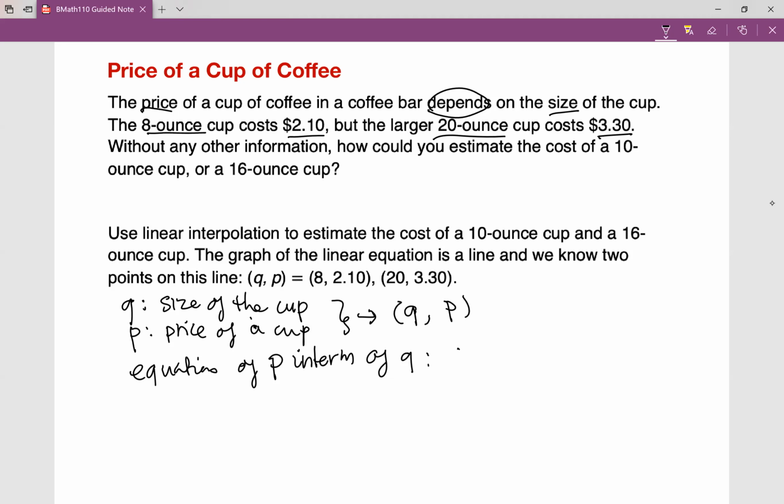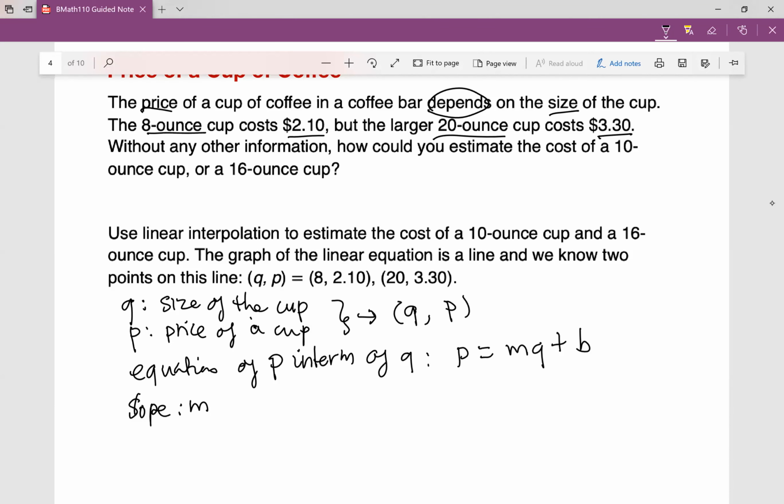So that's gonna look like P equal to MQ plus B. All right. And we need to find the slope first. The slope M will be equal to P2 minus P1 over Q2 minus Q1.